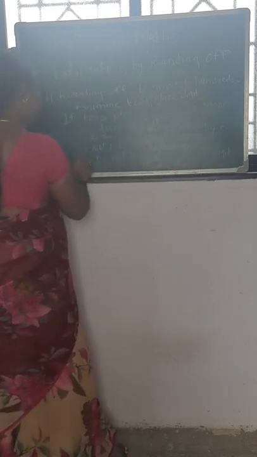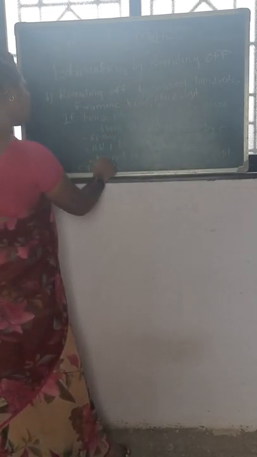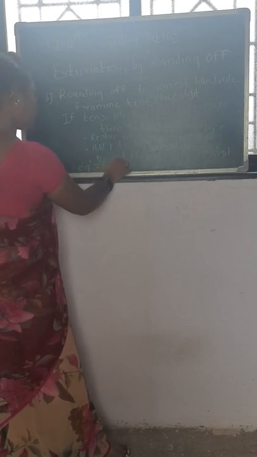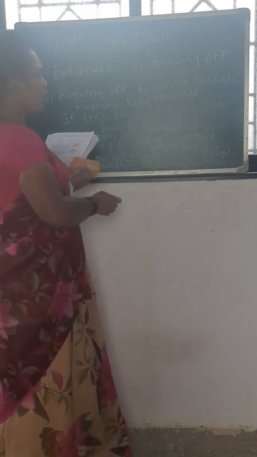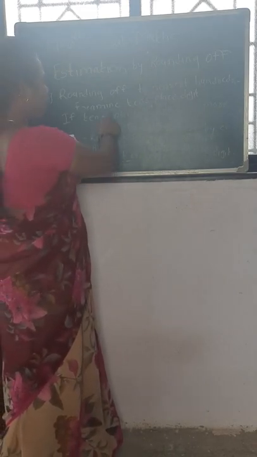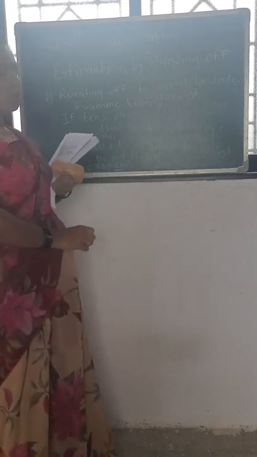For example, we have the number 23,486. Rounding off to the nearest hundreds, we examine the tens place digit. The tens place number is greater than 5.